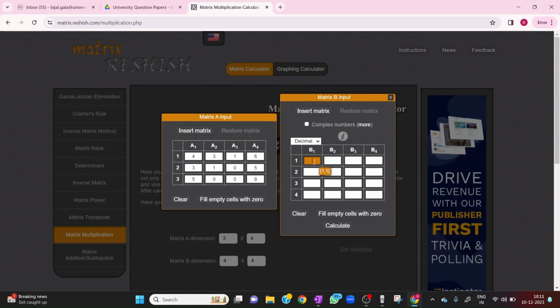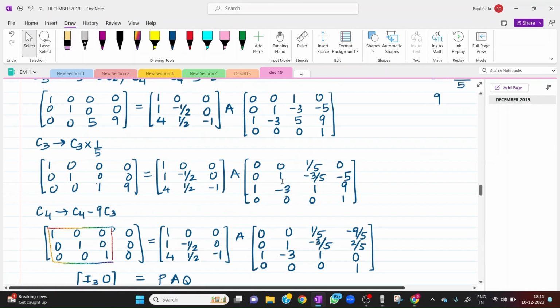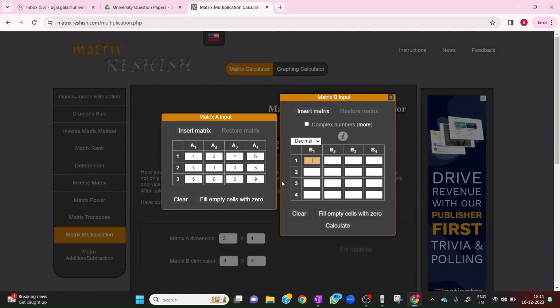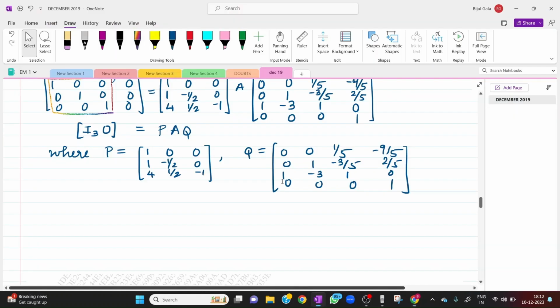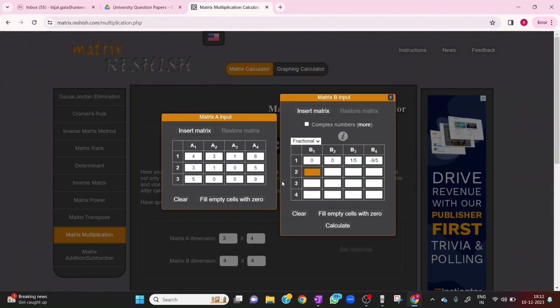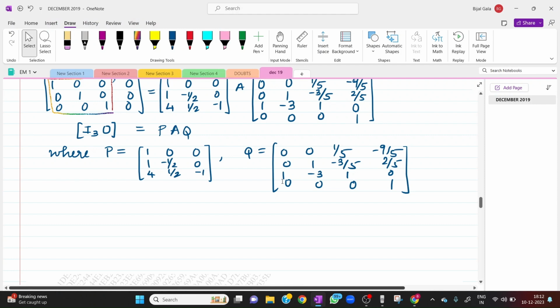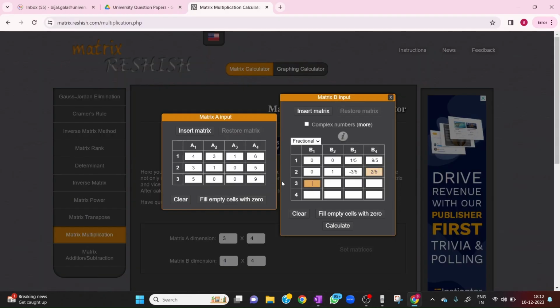The last one is matrix Q. Let's write down the values of matrix Q. 0, 0, 1 by 5, and negative 9 by 5. Second row is 0, 1, negative 3 by 5, positive 2 by 5. 1, negative 3, 1, 0.